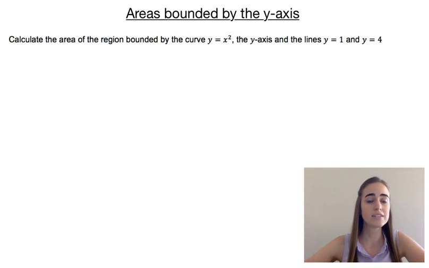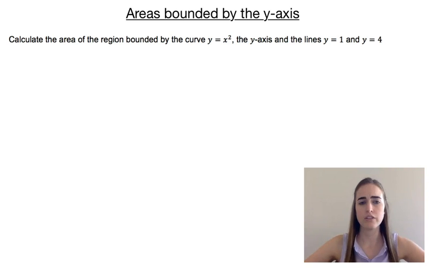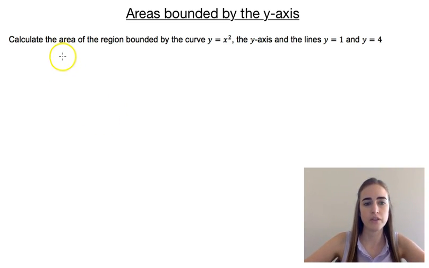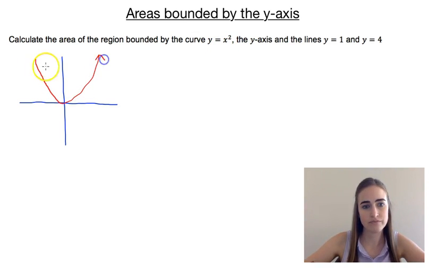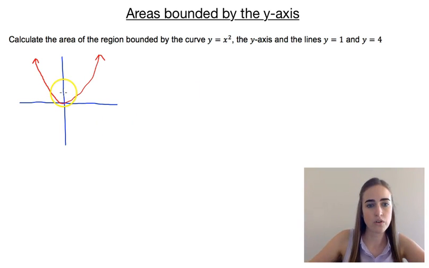Our example asks us to calculate the area of the region bounded by the curve y equals x squared, the y-axis, and the lines y equals 1 and y equals 4. The first thing we want to do is draw a sketch to see what this whole thing looks like. We'll draw up our axes, and draw in our function y equals x squared, which is just a parabola with a vertex at the origin. Now we also want the lines y equals 1 and y equals 4.